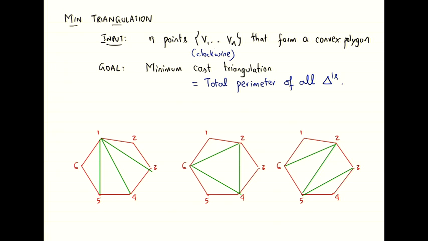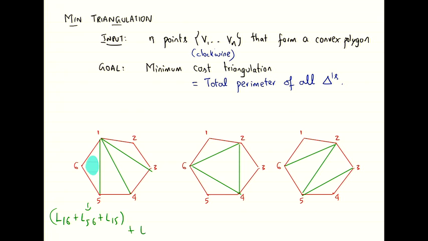So in this case, the total perimeter of this triangulation is the perimeter of this triangle, and I'll use the letter L for lengths. So for this one, the total perimeter is L16 plus L56 plus L15. That is this triangle. And then you add it up over all the different triangles.